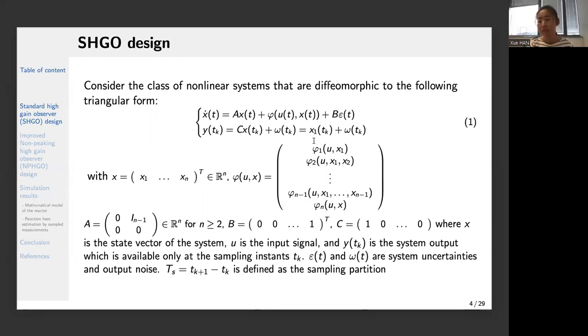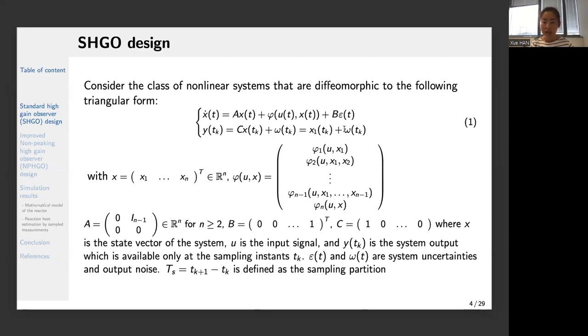Yes. I was wondering if you could generalize the approach to a vector valued output, for example, two measured outputs like x1 and x2. Is there a generalization possible that works in the same way? Yes, actually we can do this.